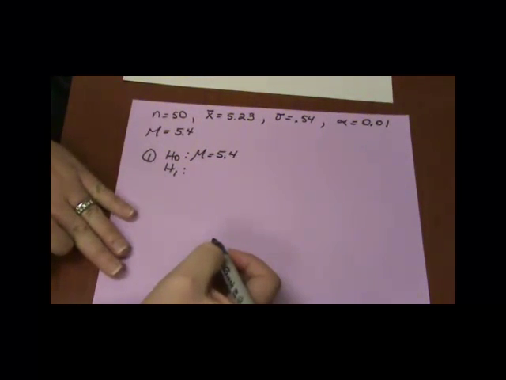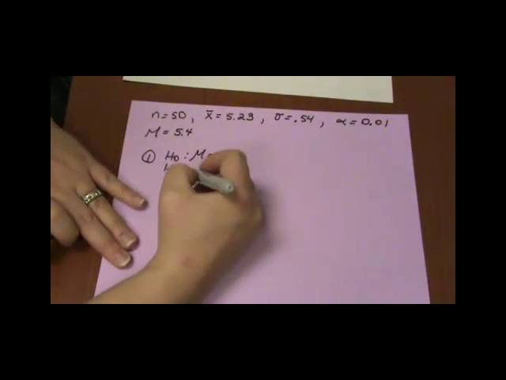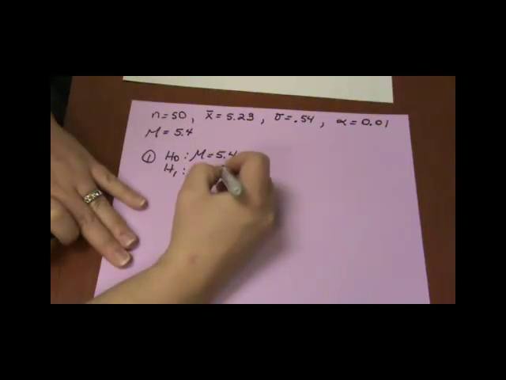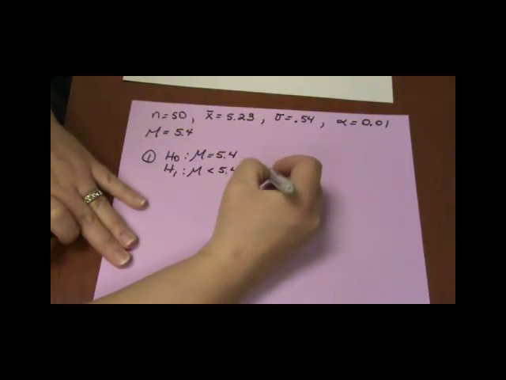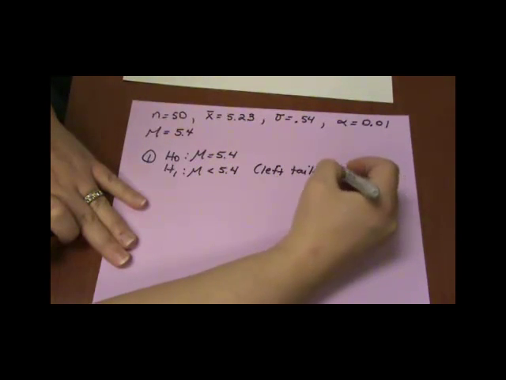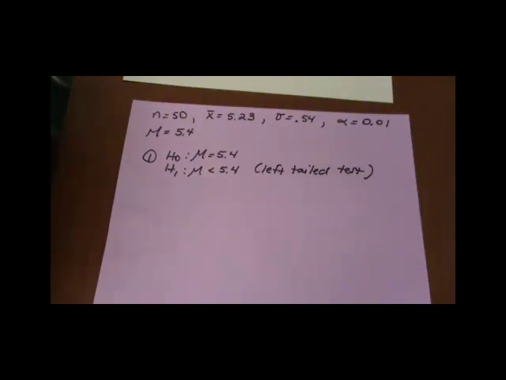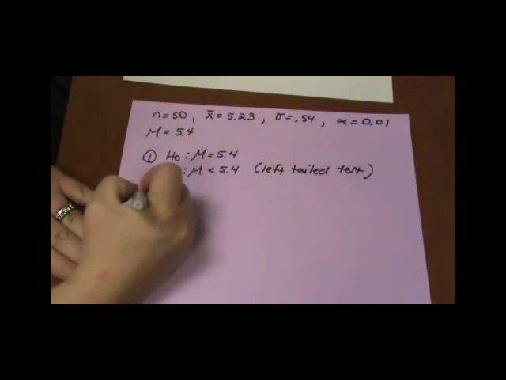H1, your alternative, is always the one that comes from your phrasing in the problem. Ours said less than. So we're going to do mu is less than 5.4. This makes it a left-tailed test. And that's extremely important when we start doing our work. We want to make sure that we know what kind of test we're looking at. So that's number 1.